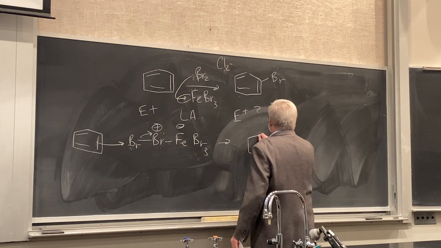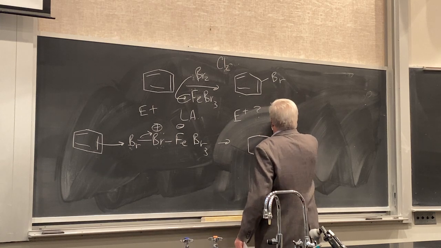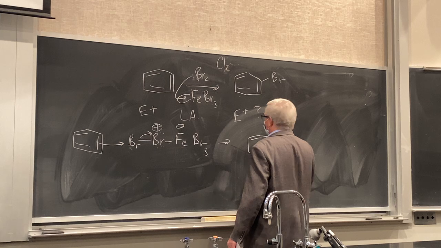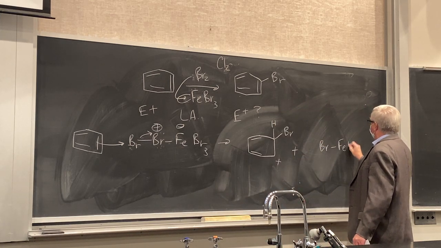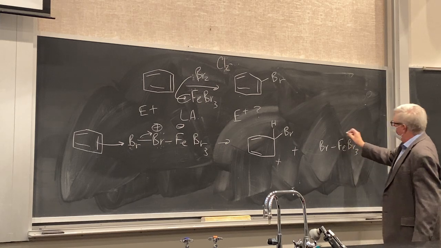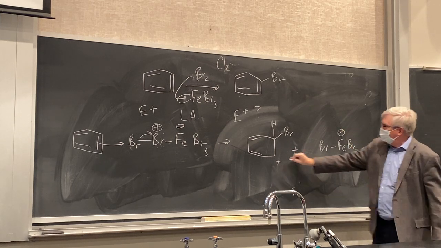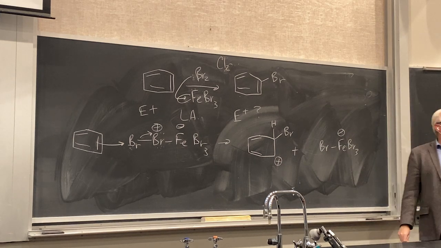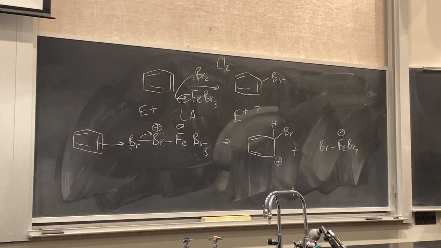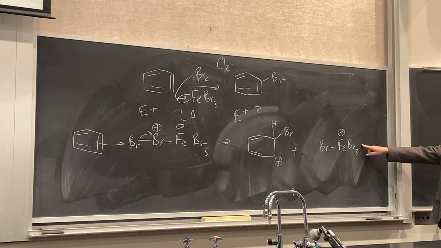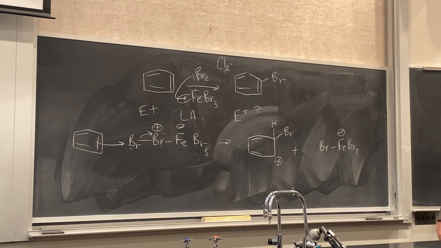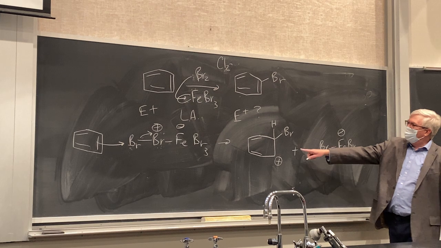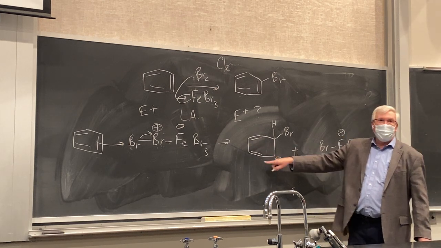So we get this, the bromine on there, H, and FeBr3 with a negative charge. There's the complex now with 4 halogens on iron. It's ferrate, we say. And here's our intermediate, which looks just the same, that allylic cation.